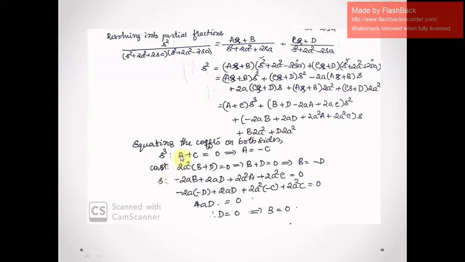We'll equate the coefficients of s. There's no s on the left, that means it is 0. Minus 2ab plus 2ad plus 2a square a plus 2a square c is 0. I can take 2a common here and substitute b as minus d and a as minus c.